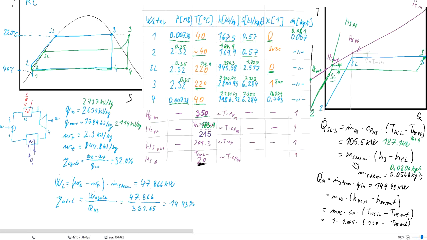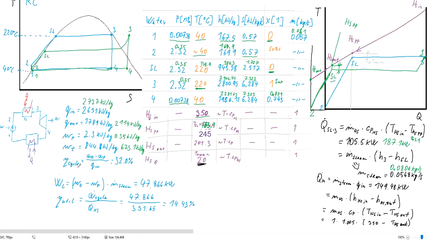The work of the pump, since we have here the difference in enthalpies, or also if we had the difference in pressure and the density, so it would be 0.35 kilojoules per kilogram, and work of the turbine in this case is, since we have lower pressure difference, so it's lower and it's 623.1 kilojoule per kilogram.